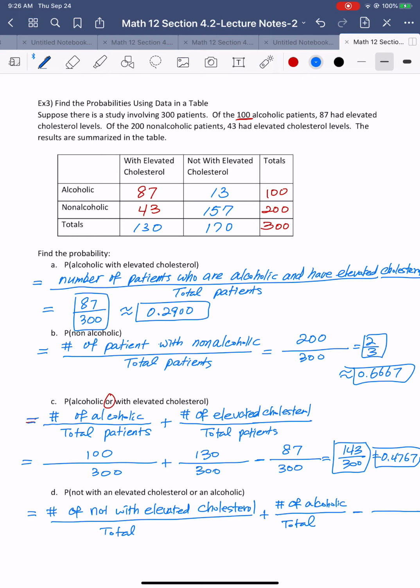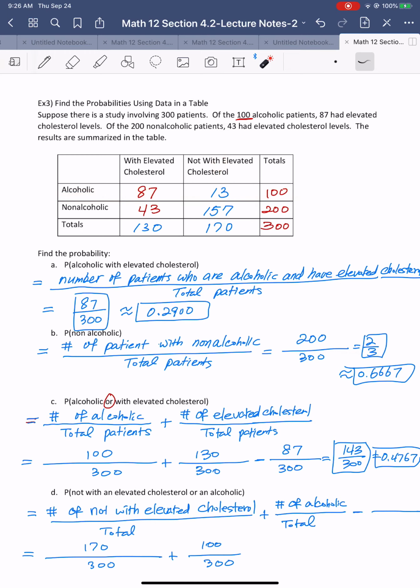So the number of the people who do not have elevated cholesterol, which is not this one, is 170, so you get 170 over 300, plus the number of the people who have alcoholic problems, which is this one, so 100 over 300. So I use the non-elevated cholesterol problem and also the alcoholic problem, this one to this one.